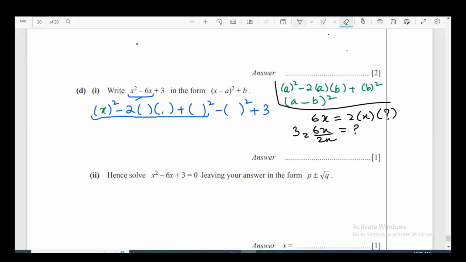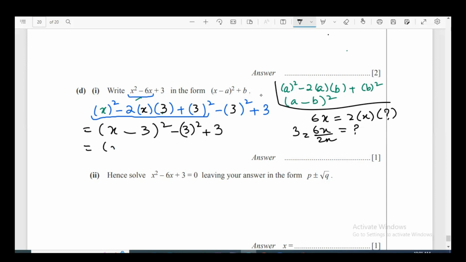Sorry, no. X was right. Value of question mark was 3. Now convert x square minus 2x times 3 plus 3 square, an identity, which will be a minus b whole square. So a is x and b is 3. Write down a minus b whole square for these three terms, and minus 3 square plus 3 are remaining values.